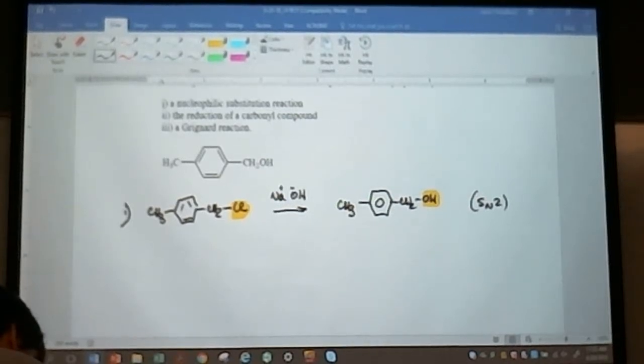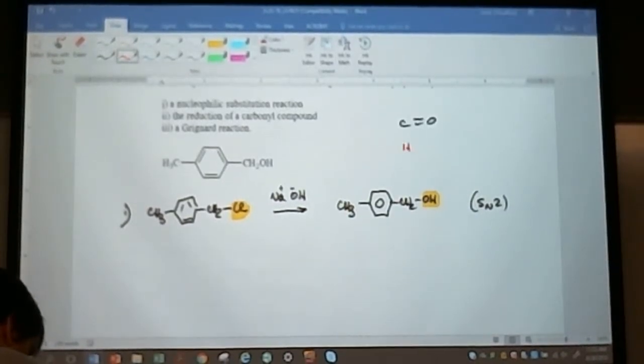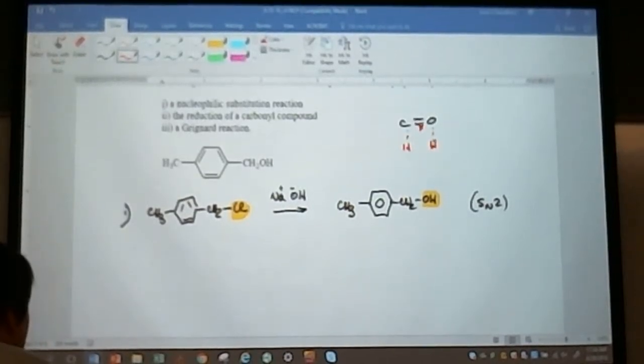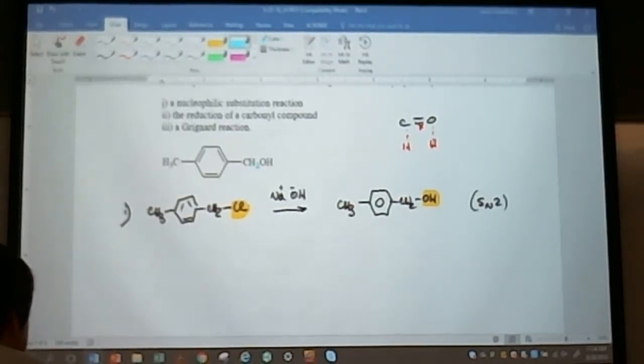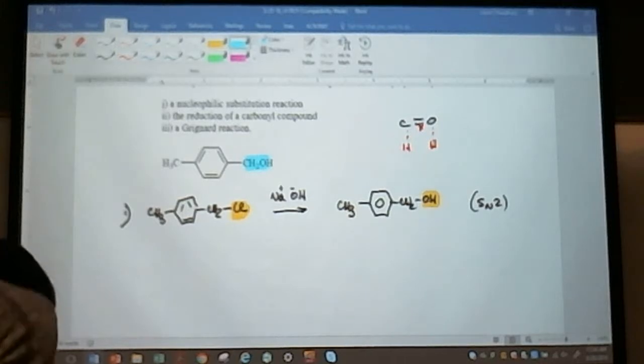Now, reduction. When I reduce a carbonyl compound, I'm effectively adding hydrogen to it, and you're reducing to the alcohol. So I need to look at having the carbon and oxygen that are the carbonyl that is going to be reduced, right?